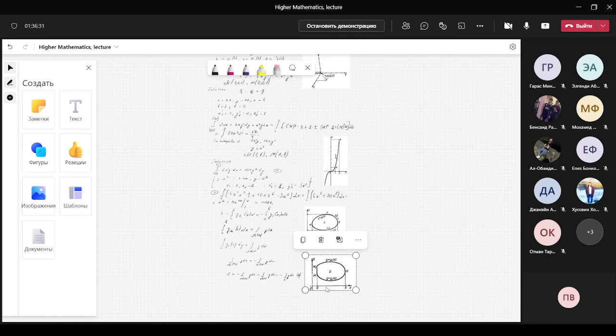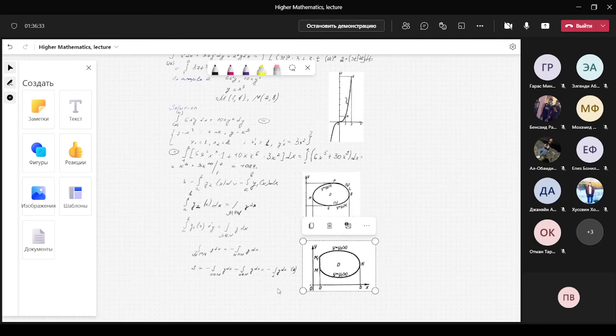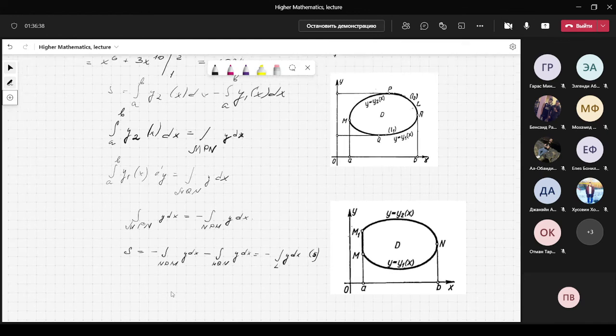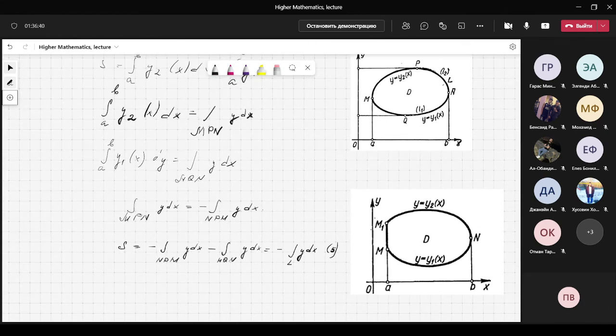Similarly, it may be shown that S equals the integral over L of x dy. Formula 6.